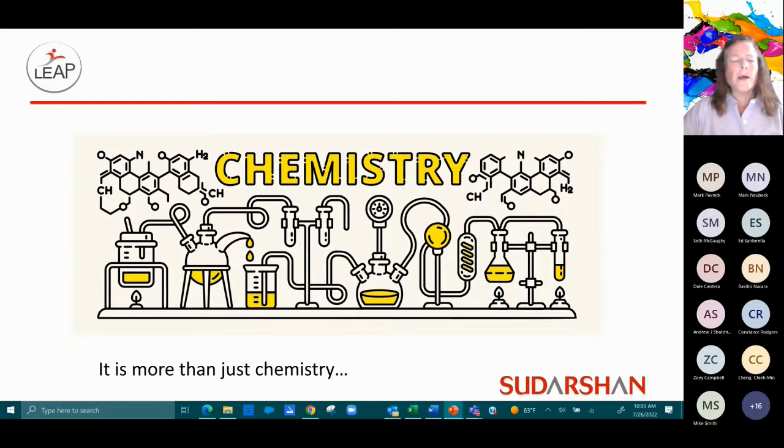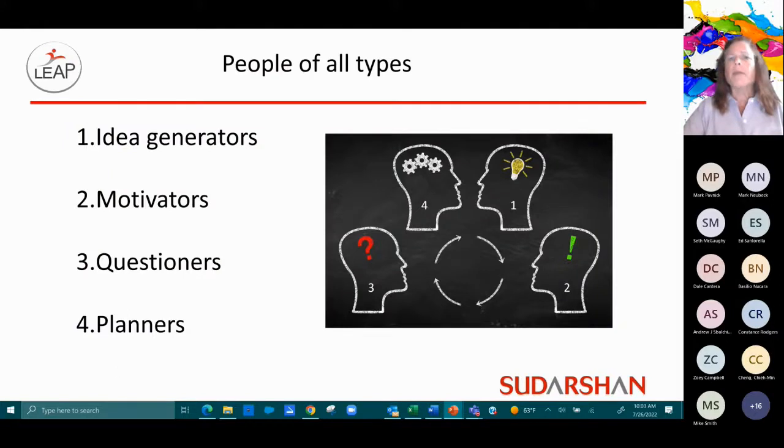With pigments, of course, it's always going to be chemistry related. However, it's definitely more than just chemistry when we develop a new product. It takes people of all types to do this. We need idea generators. We need people who are great motivators.